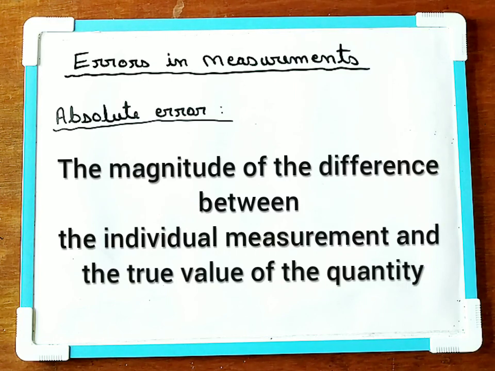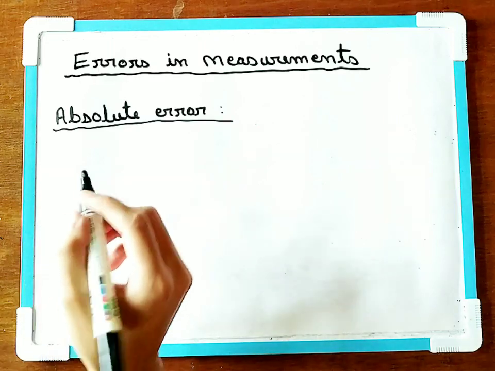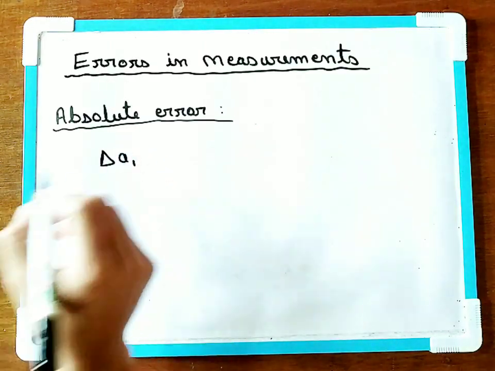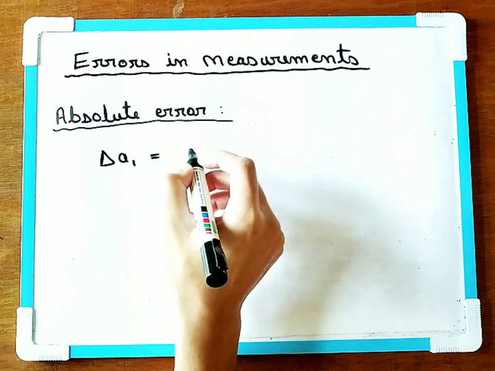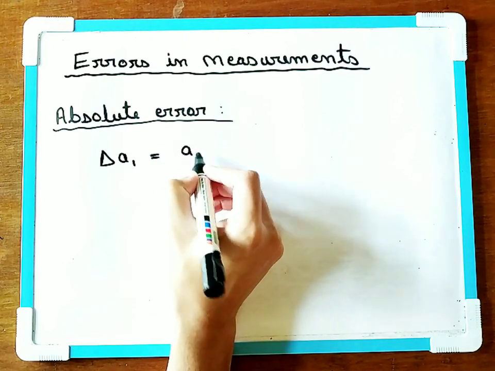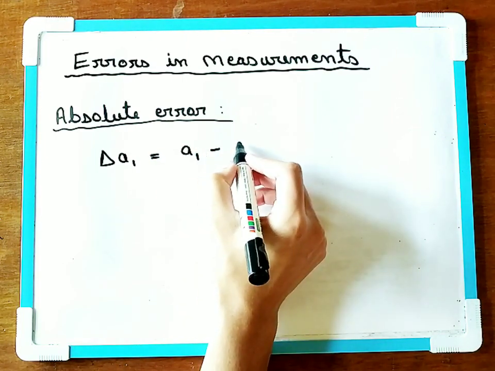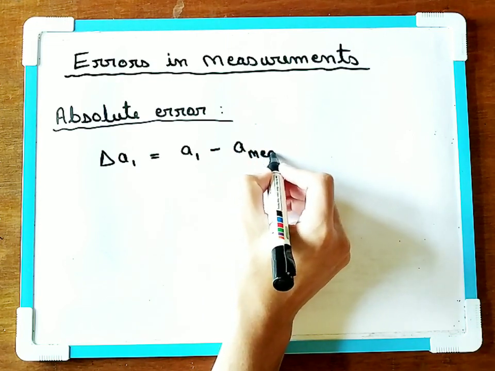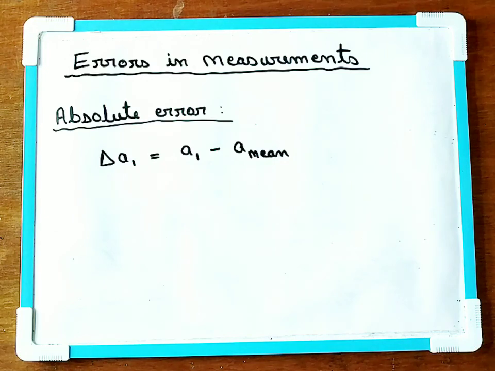So to find the absolute error, first you'll have to take the difference of the individual measurements and the true value. For example, delta A1 will give you the difference between the measurement A1 and the true value, which is the mean value of the measurements.